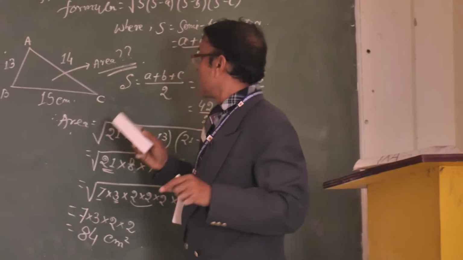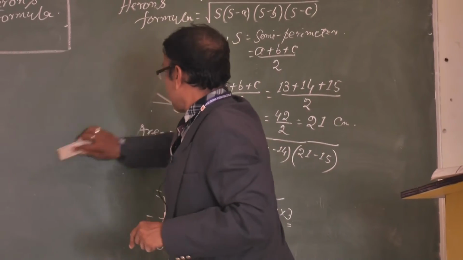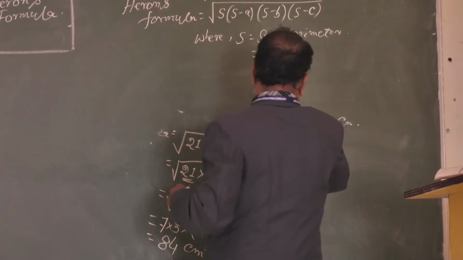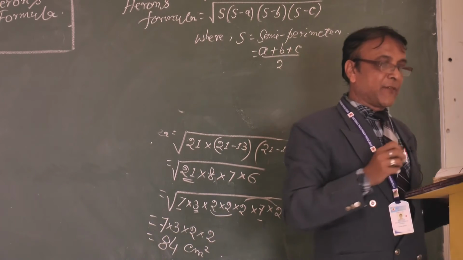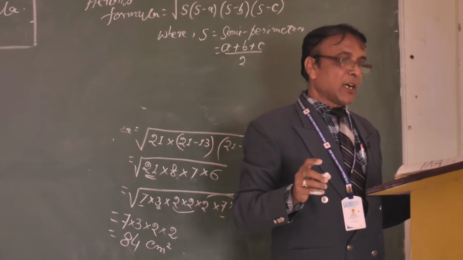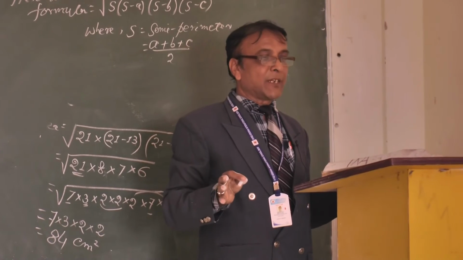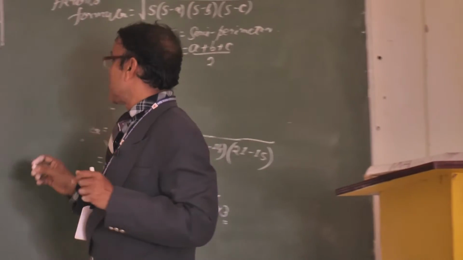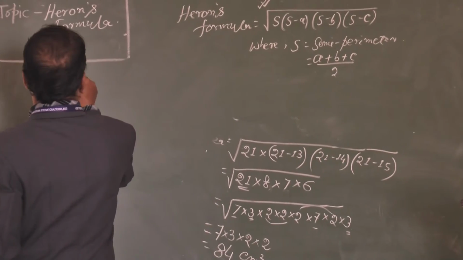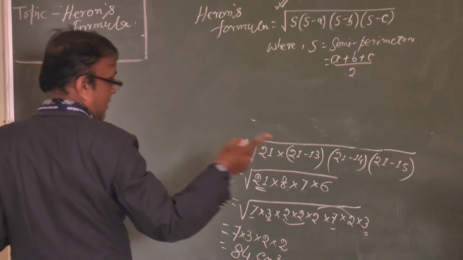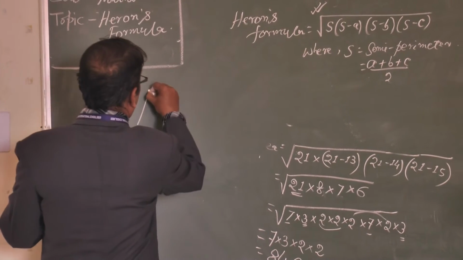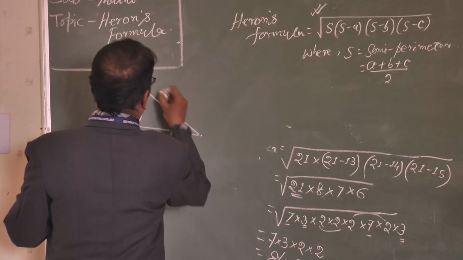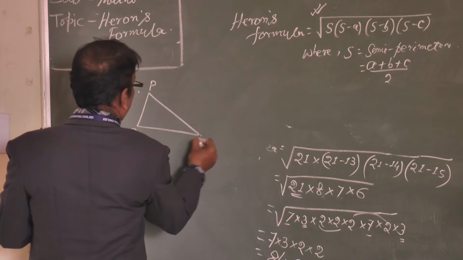Okay, over. Very good. So next question: the perimeter is given directly, and two sides are given. Find the area of a triangle whose two sides and perimeter are given. So question number 2, I am not writing the question here, you can get the question directly in the book. Here is another triangle, you can name it PQR.